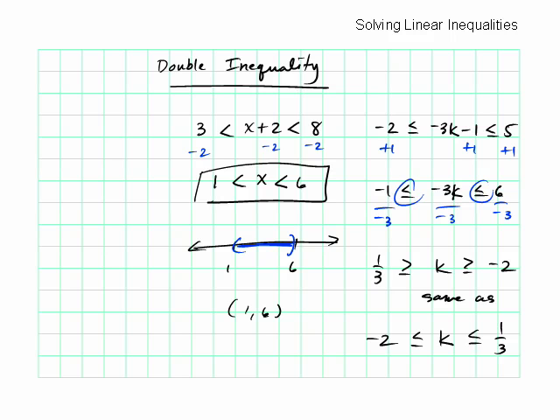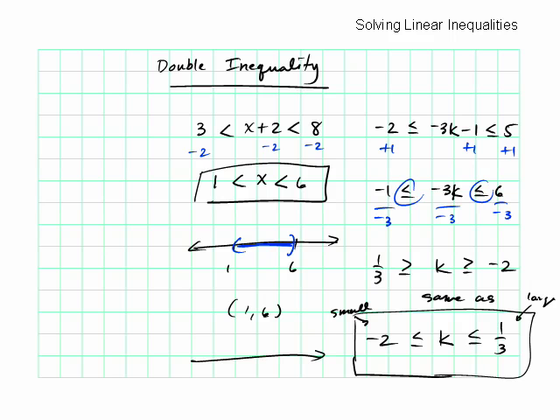This says the same thing, that k is between negative 2 and 1/3. You always want to write this so that the larger number is on this side, and this is the smaller number. And the inequality symbols must always open up to the larger number. Okay, that's our answer as a double inequality.